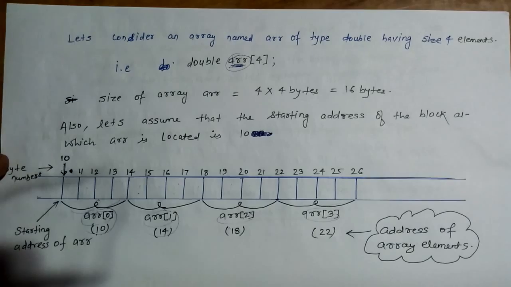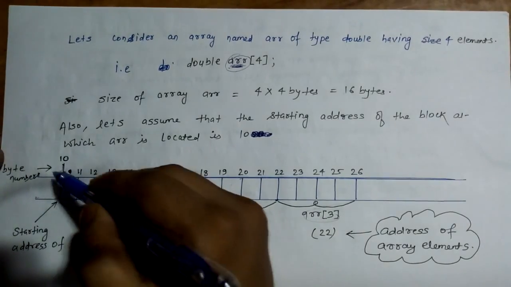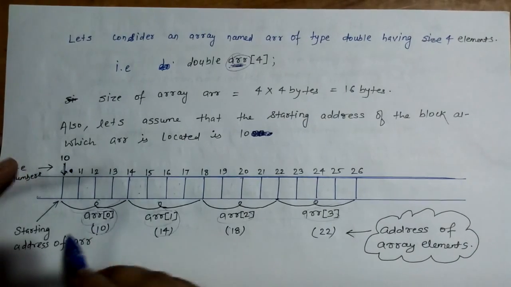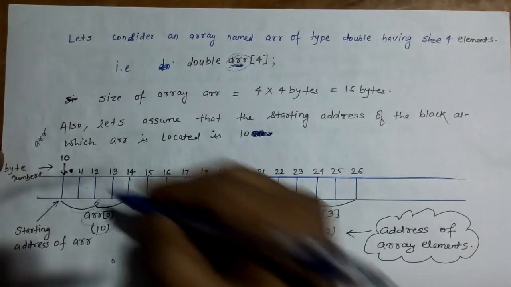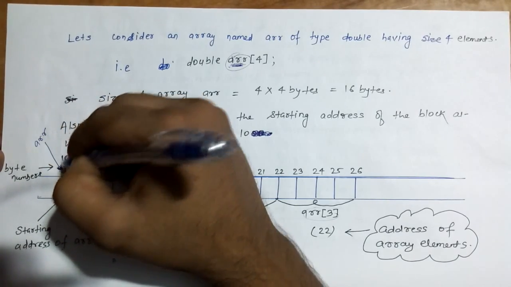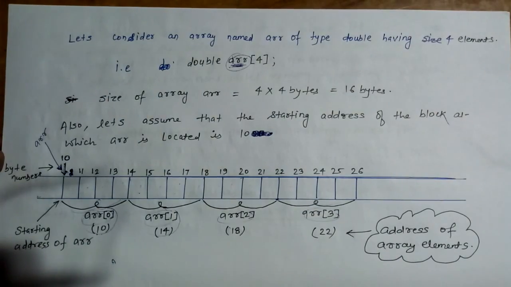So the array name just represents the starting address of this array. If you write r, it is as good as standing outside this box, the first block of the array.